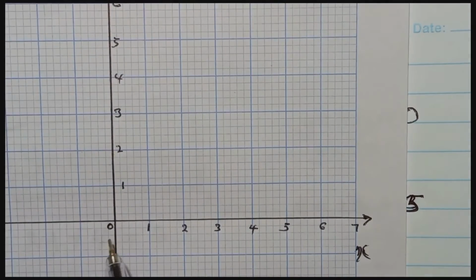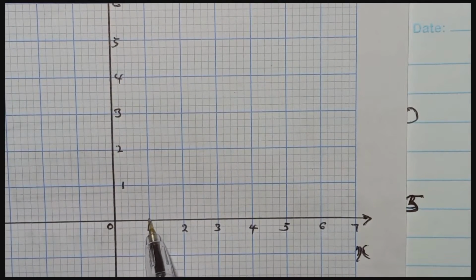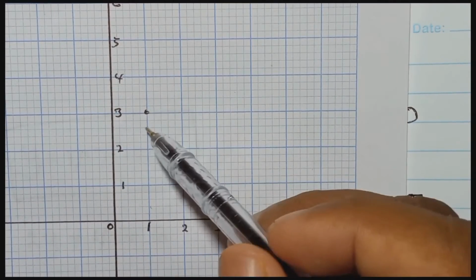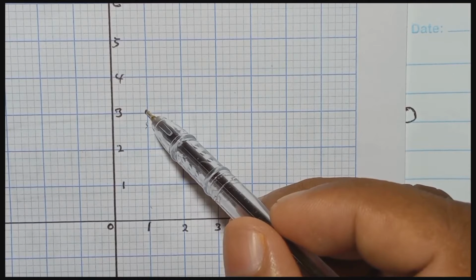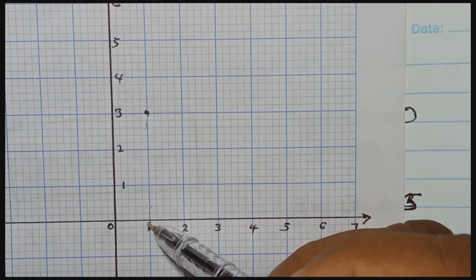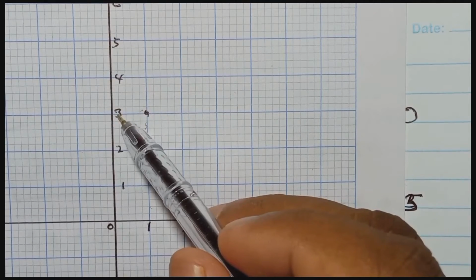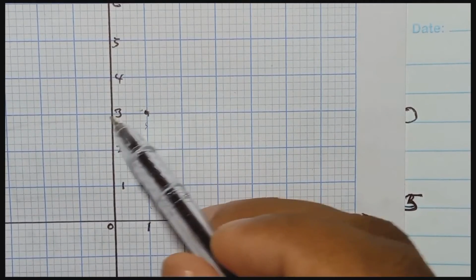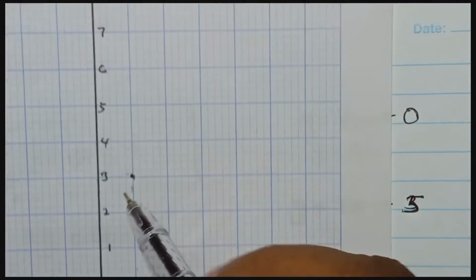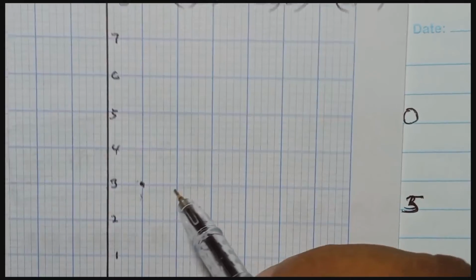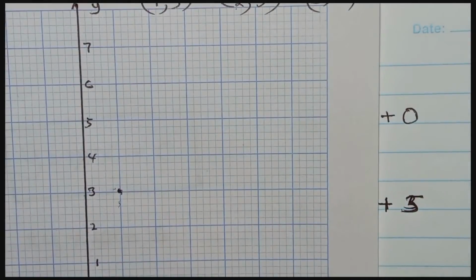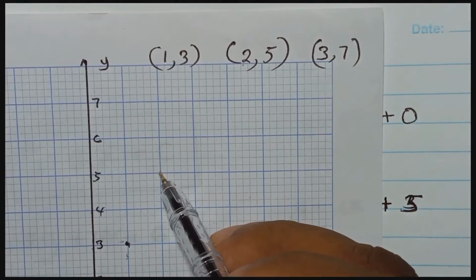From this point, if you go perpendicularly to the x-axis, the x value is 1, and if you go to the y-axis, the y value is 3. So x is 1, y is 3. This is the first point. I will mark the next one, 2, 5: 2 and up to 5 here.